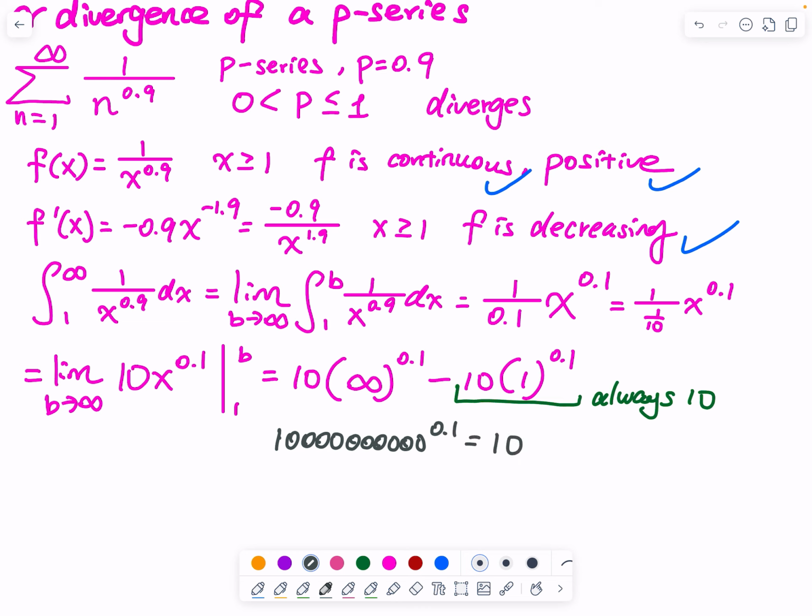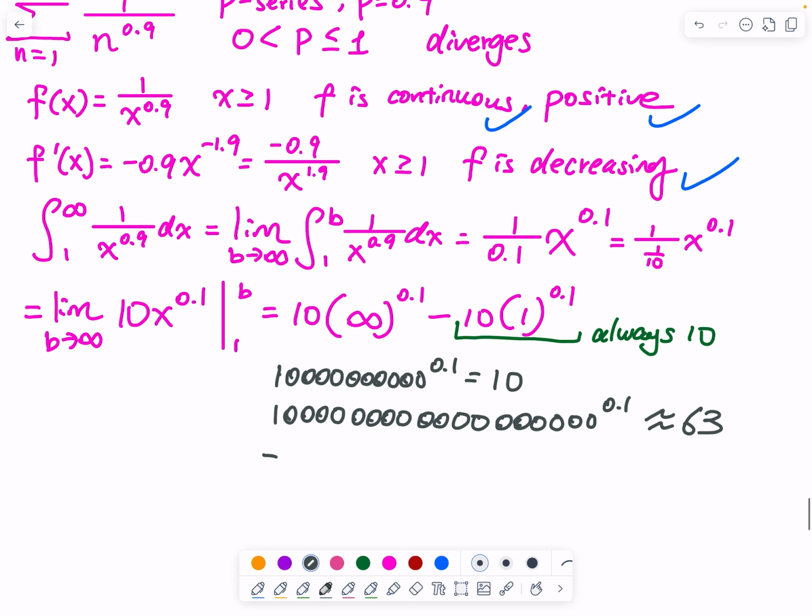And the other one, I need to count because I wrote so many zeros: 1 followed by 18 zeros, raised to the 0.1 power, is approximately 63. So when b is so big, this will just give you infinity minus 10, which equals infinity.